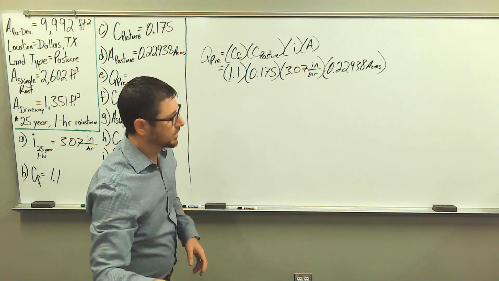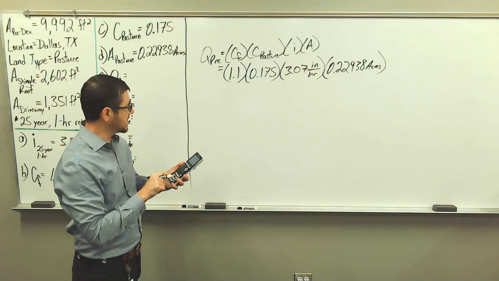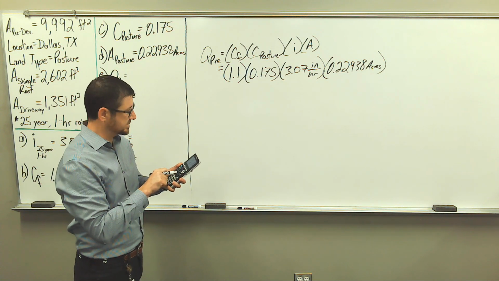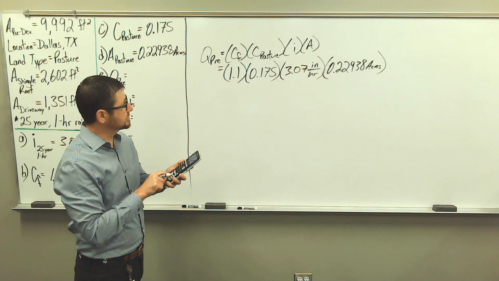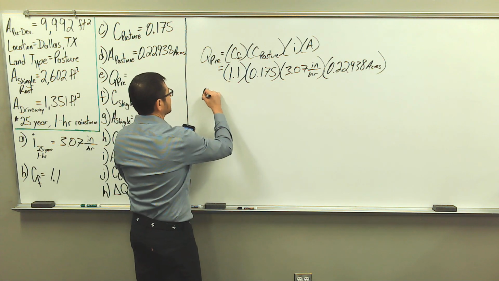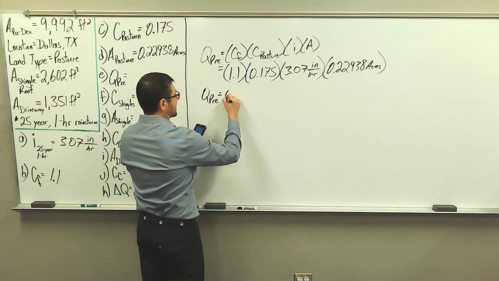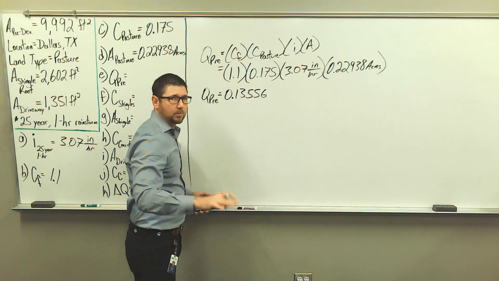Okay, so we're going to take the product of these four values here, 1.1 times 0.175 times 3.07 times 0.22938, and this will give us, for our pre-development peak runoff rate, 0.13556.